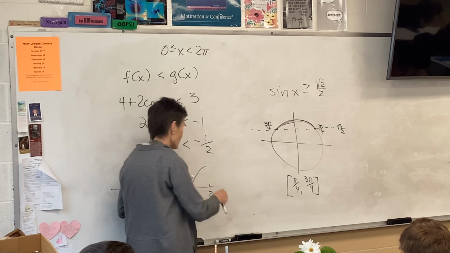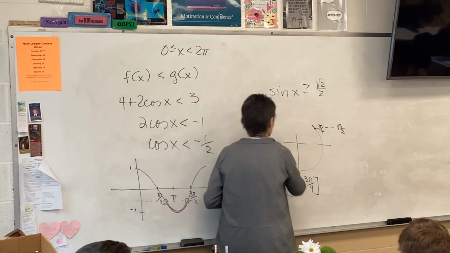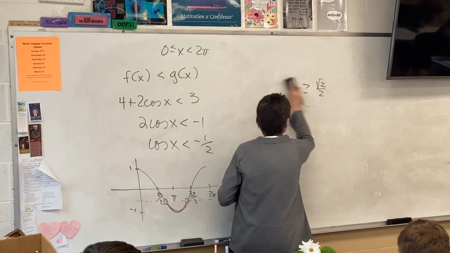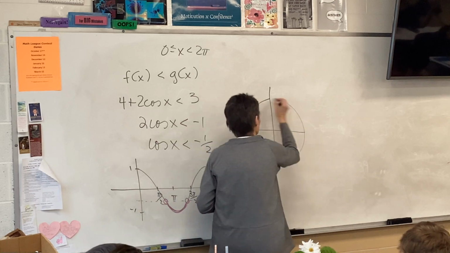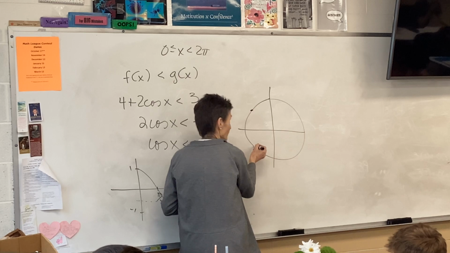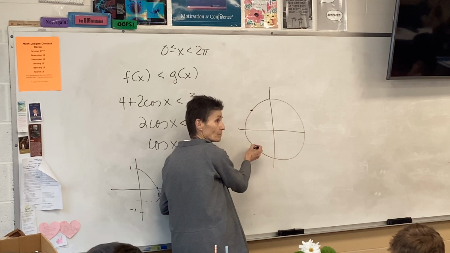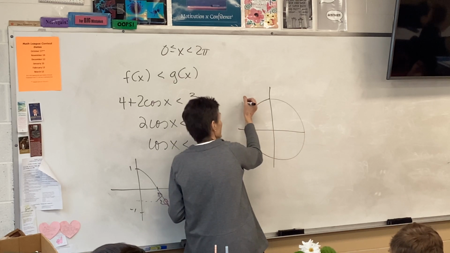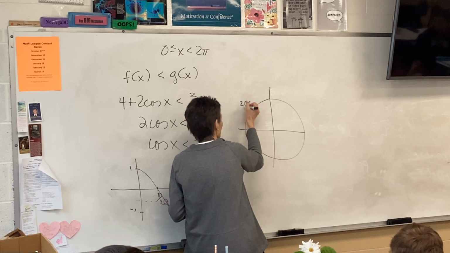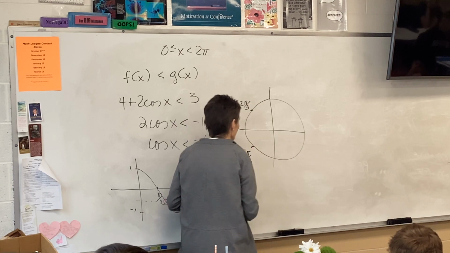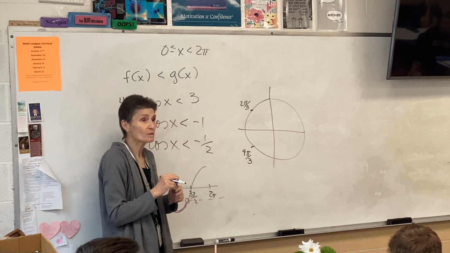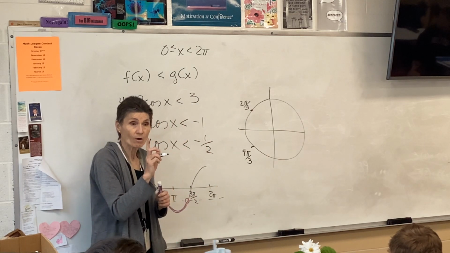You could also use your unit circle. Where is the cosine -1/2? Over here and over here, right? And what did you say that was? 2 pi over 3 and 4 pi over 3. Now remember, you're doing cosine. Cosines are x's.